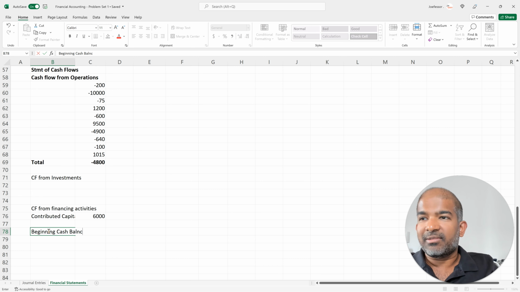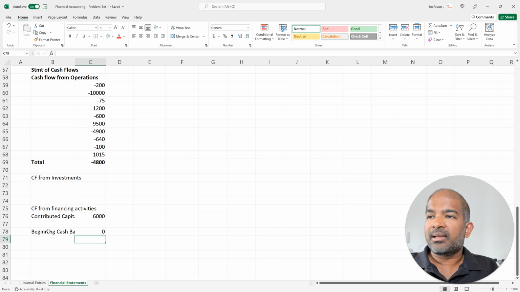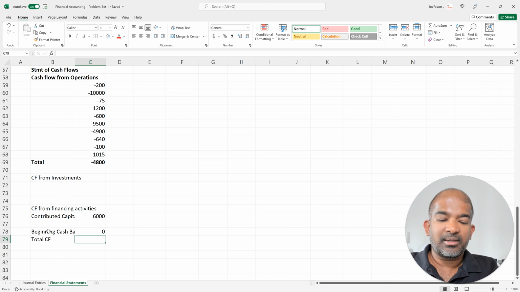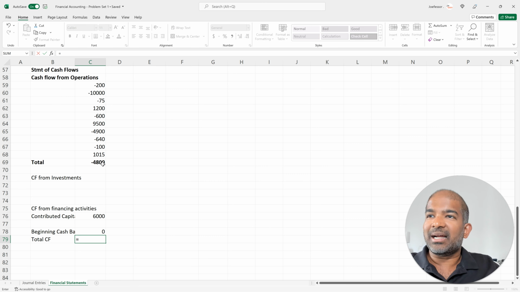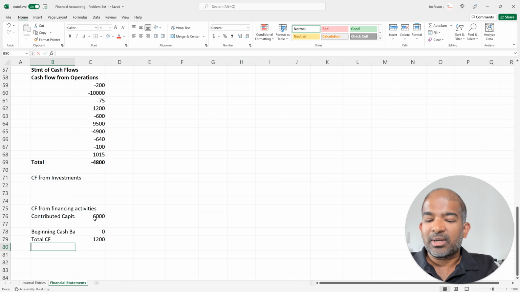In this case, because it's a new firm, the beginning cash balance is 0. Then we have total cash flows for this particular year, where you add the totals of the three categories of cash flows. In this case, just two. And then you have your ending cash balance.